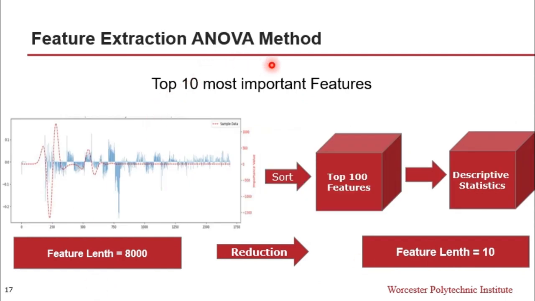Then we use the ANOVA method, or analysis of variance. This method will group the indexes in each sample, and then it will compare these groups with the other groups and within groups to make sure that at the end we have an F and P value as a result.